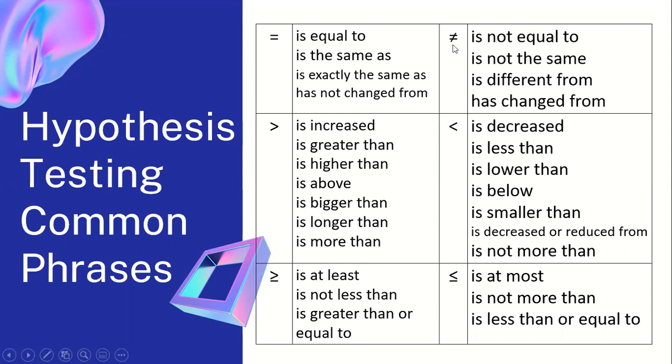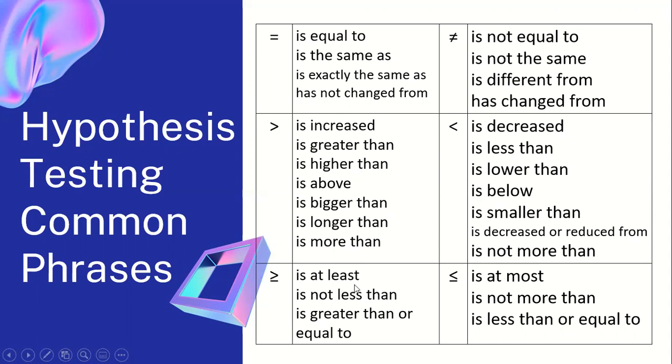While the not equal to symbol goes with is not the same as, is different from, has changed from. This symbol is greater than and this one is less than. So these are the words associated with the greater than symbol as well as the less than symbol. Please take note of those words.